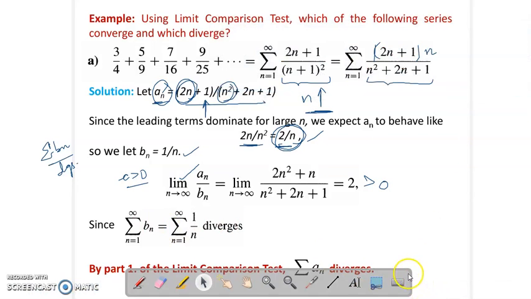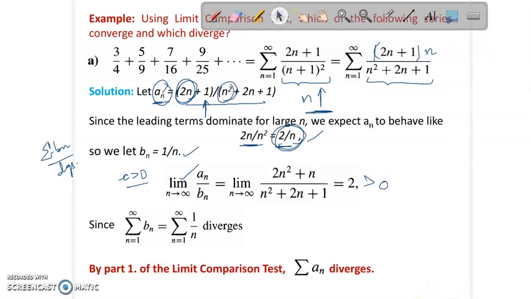Okay, so which way do we have to proceed? Given a series, write the nth term of the series. See the behavior of an as n becomes larger and larger, and as n increases, this term 2n and this term n square are going to dominate the rest of the terms. So this an will behave like 2 upon n.